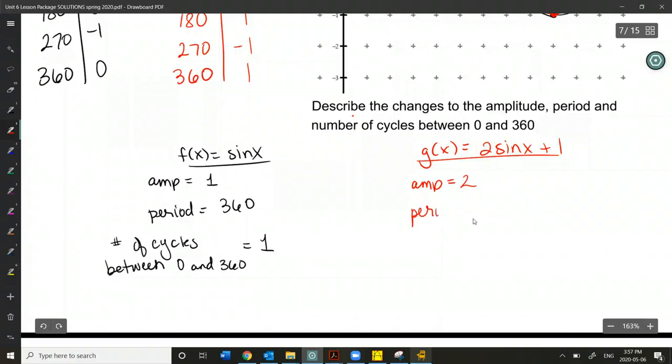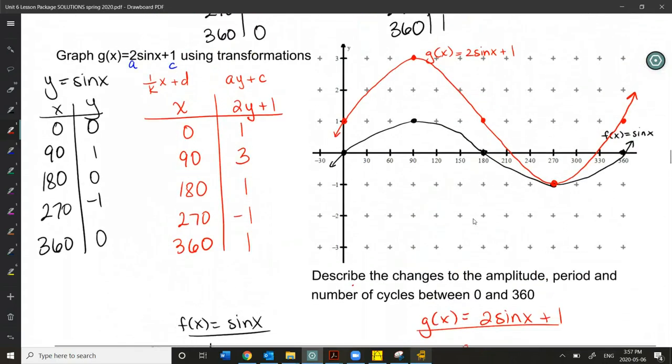And then period, we can calculate by doing 360 over k, but really there were no horizontal changes here, so there should be no changes to the period. The period should still be 360. And if there's no horizontal changes, that means that the number of cycles from 0 to 360 should also remain the same. The k value is 1, so 1 cycle fits between 0 and 360, and we can see that in our graph as well. Only 1 cycle is there.